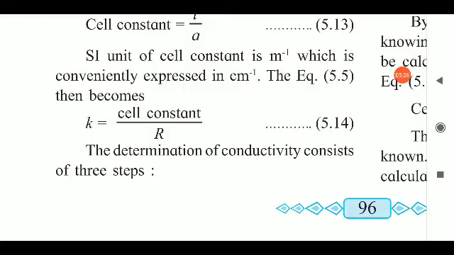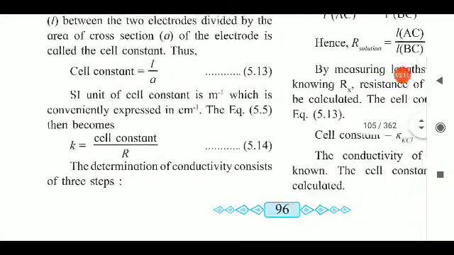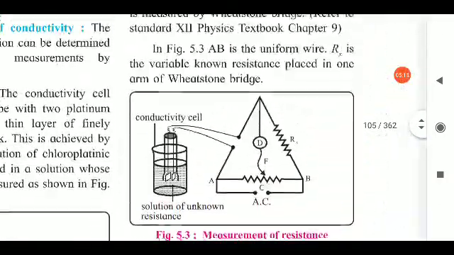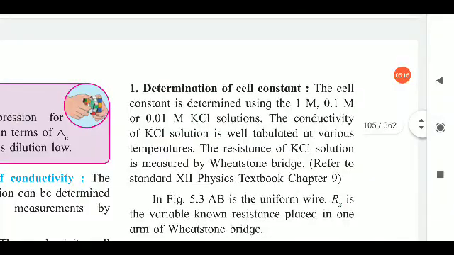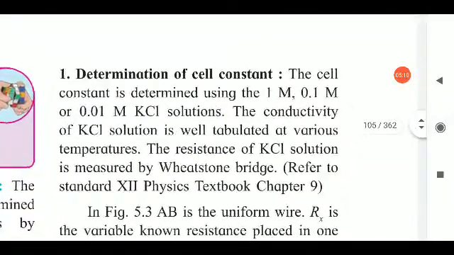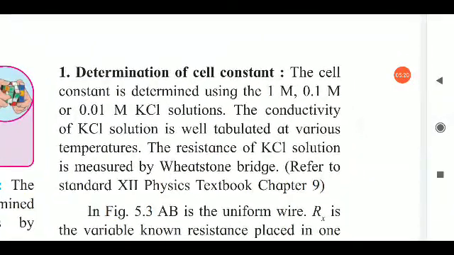Now students, the determination of conductivity consists of 3 steps that we are going to discuss here. First step is the determination of the cell constant. The cell constant is determined using 1 molar, 0.1 molar, 0.01 molar KCl solutions. The conductivity of KCl solution is well tabulated at various temperatures.